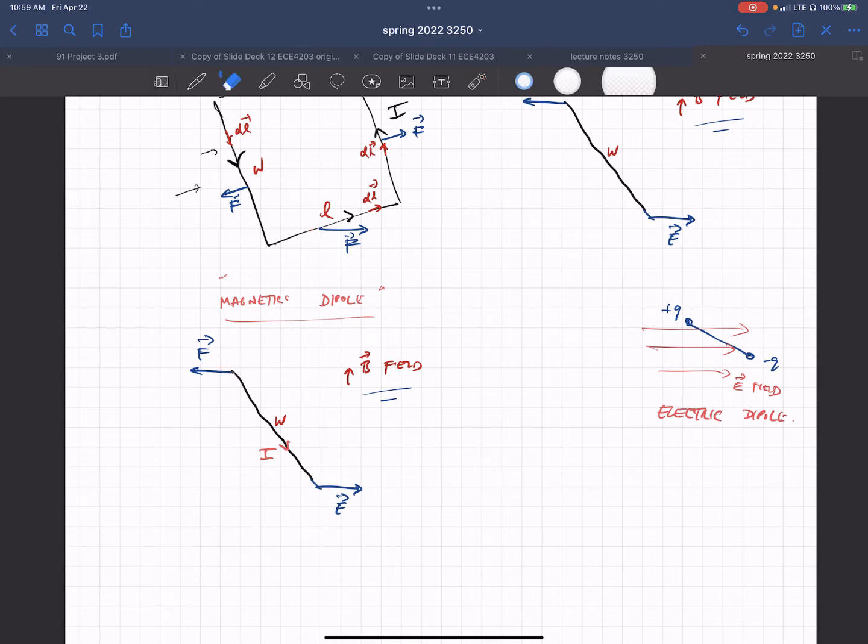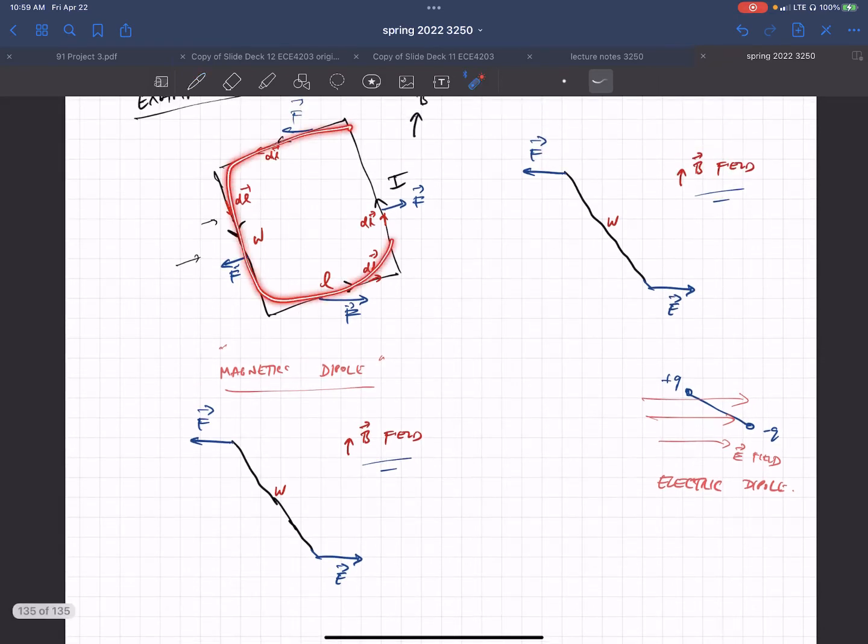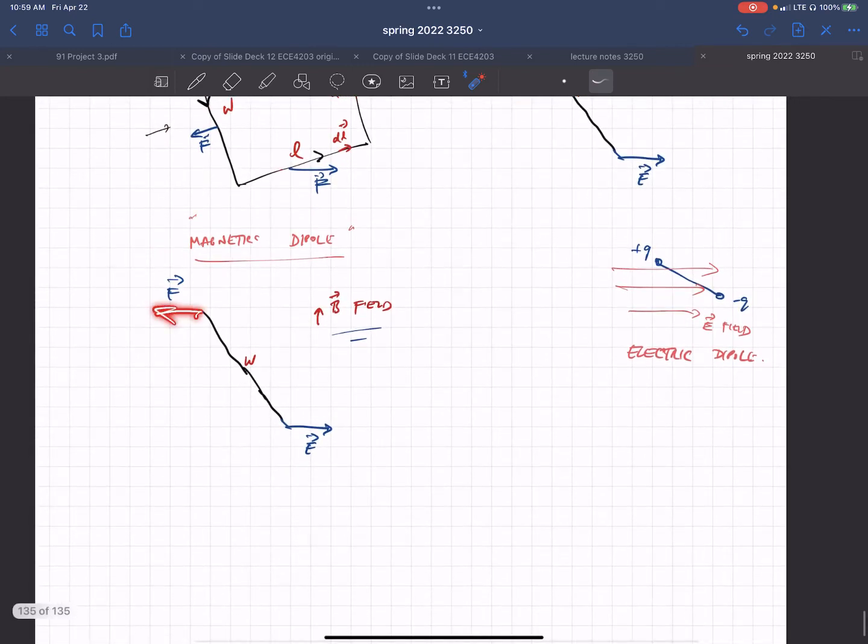But let's think about the torque. Basically, you're going to end up having a torque on this loop. So this force is going that way, that force is going that way. So if this loop was being held, it would start rotating. So the force would be here, force would be here. So this thing would be experiencing a torque that would try to flatten it out.